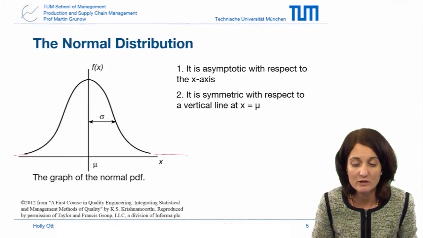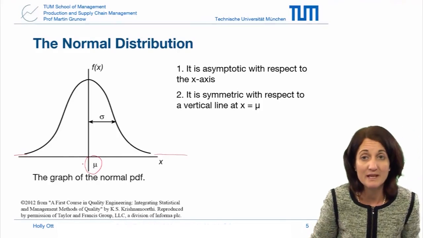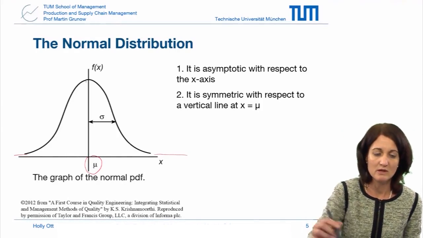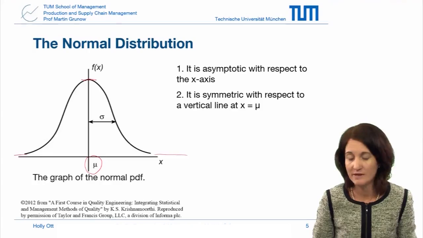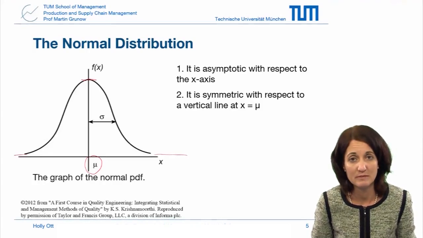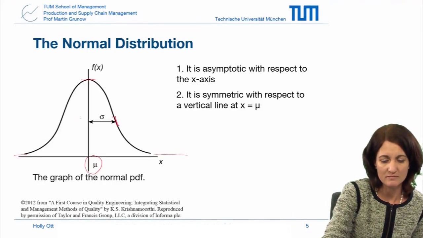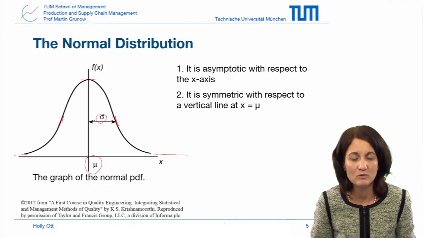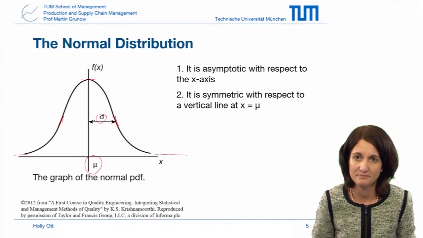It is symmetric with respect to a vertical line, which occurs at the mean, x equals mu, and the maximum value of the function occurs exactly when the random variable x equals the mean. And also importantly, there are 2 points of inflection. These are located at one standard deviation, one sigma distance on each side of the mean.